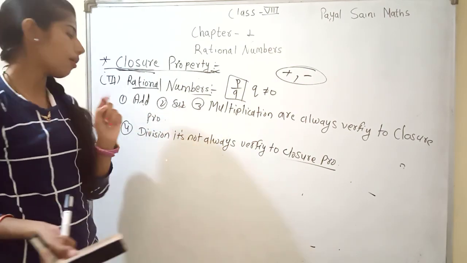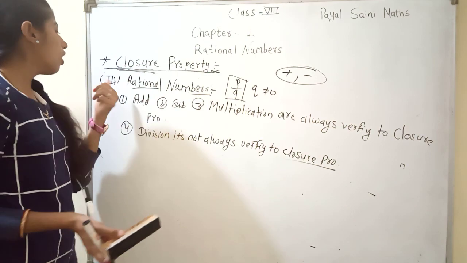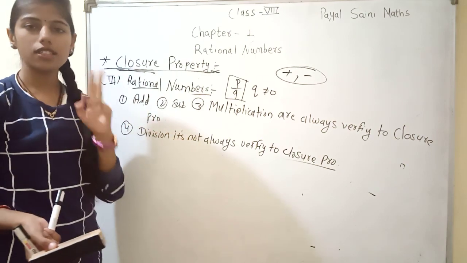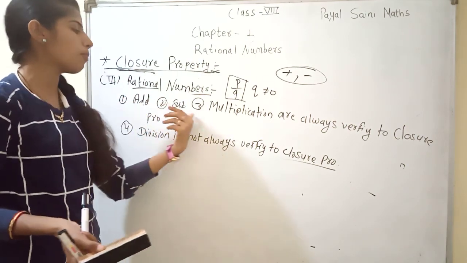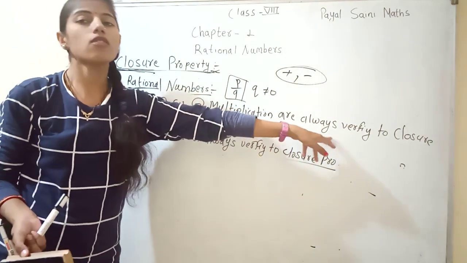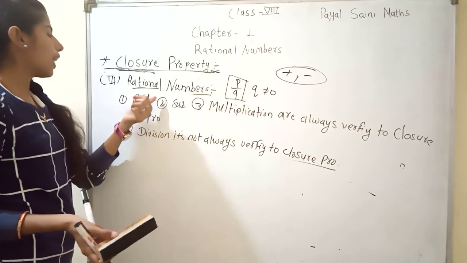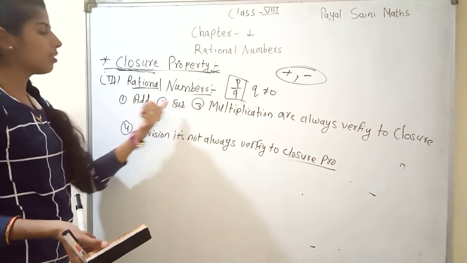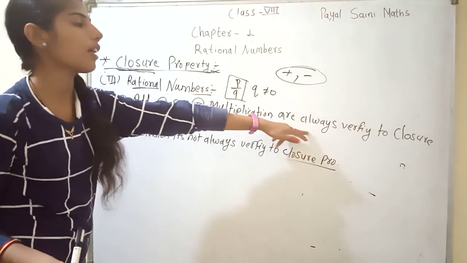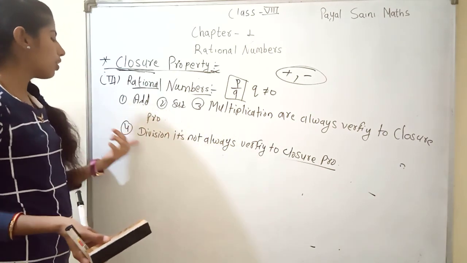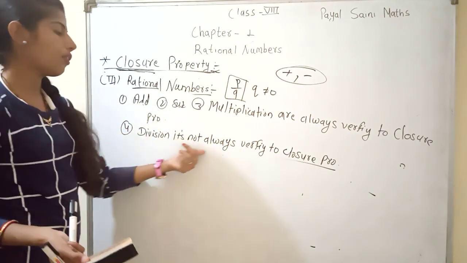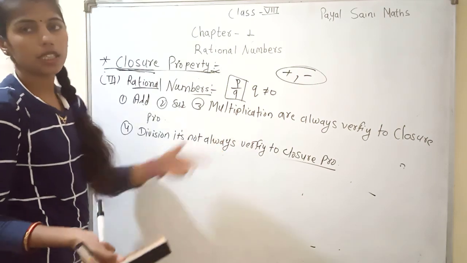The second point is integers. In integers, addition, subtraction and multiplication are always verified to closure property, and division is not verified. Like that, in rational numbers, addition, subtraction and multiplication are verified to closure property, but the fourth point, division, is not always verified to closure property.